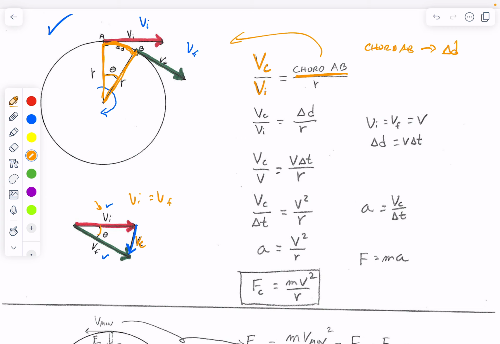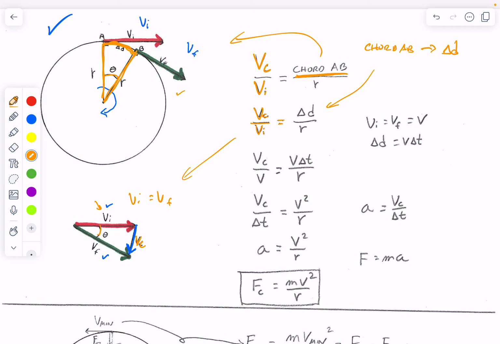So that's what we do down here. We have my centripetal velocity divided by my initial velocity in the triangle down here is to my delta D over my radius, which is the triangle up here.